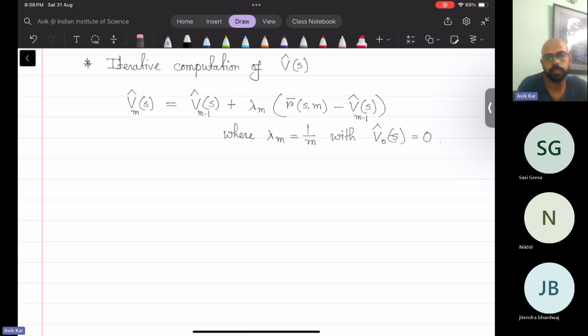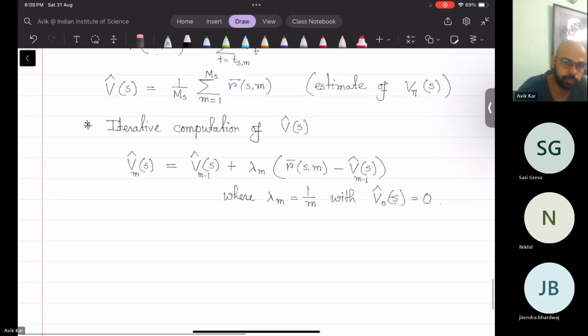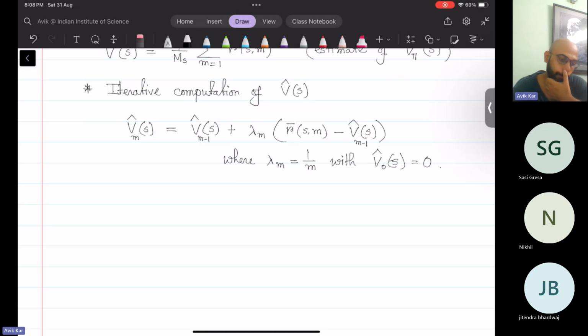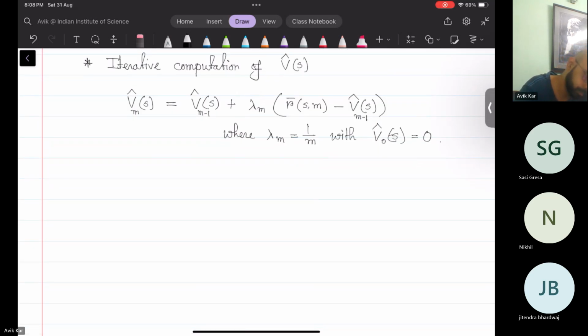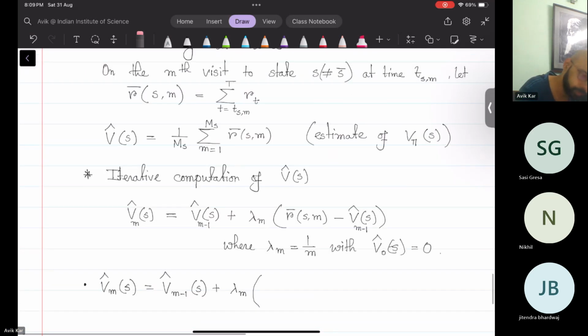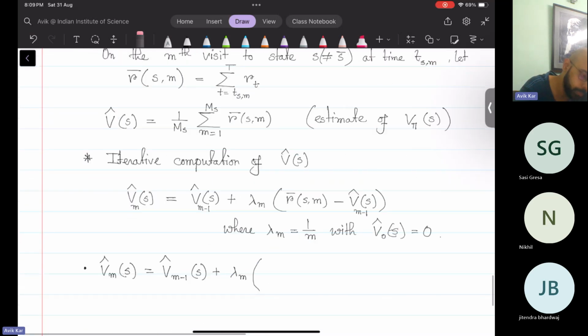Now we can write this iteration, R bar(s, m) minus V hat(m minus 1)(s), in a slightly different way. What R bar(s, n) was is this sum, right?